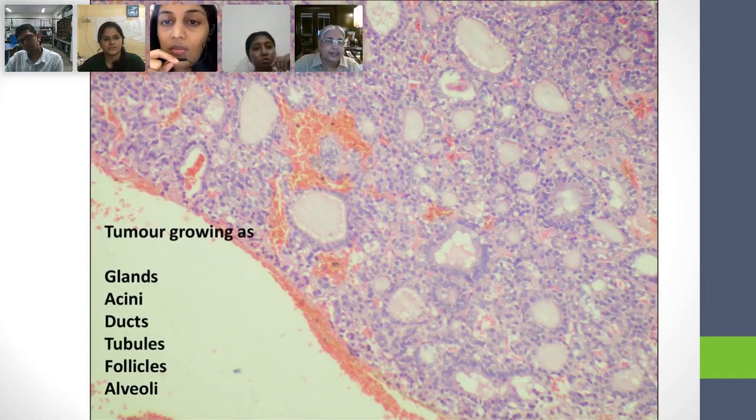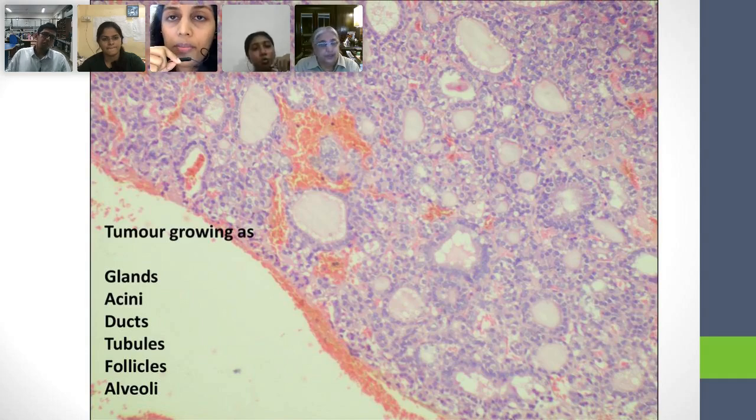So if you are cutting a spherical structure, you are very likely to get all rounded profiles. That's why the thyroid follicles, when you look at them, are not all different shapes. They're all circular in whatever plane you cut them, because it's a lot of balls all together which are being cut. Whatever the plane, you are going to get a circular lumen.